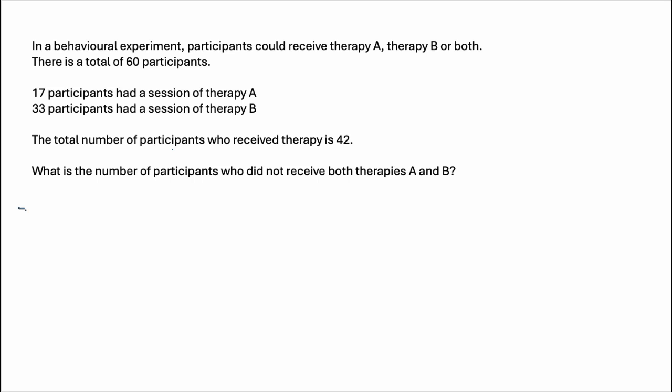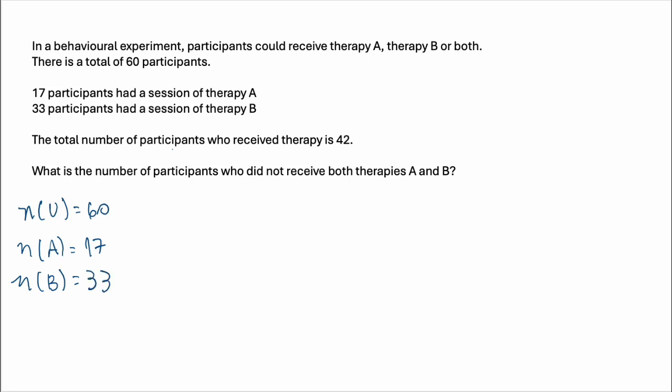So first of all, I'm going to put here on the side the information that I can extract from the problem. I have 60 total people in the experiment. So that's the size of my universal set. People that received therapy A are 17. People that received therapy B are 33.